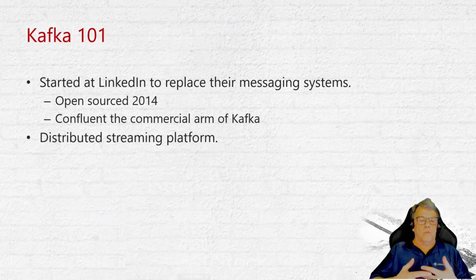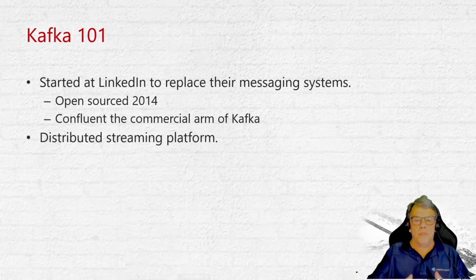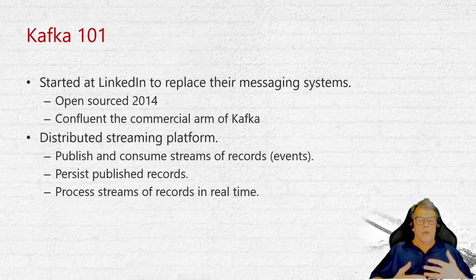So what is Kafka? It's a distributed streaming platform. It's not really a messaging system per se, even though you can use it for messaging, obviously, but it is a streaming platform. And what do I mean with that? Well, you are publishing and you are consuming streams of records or events.